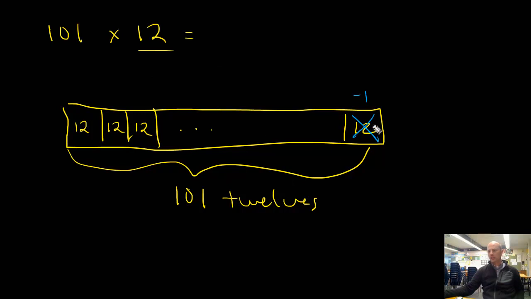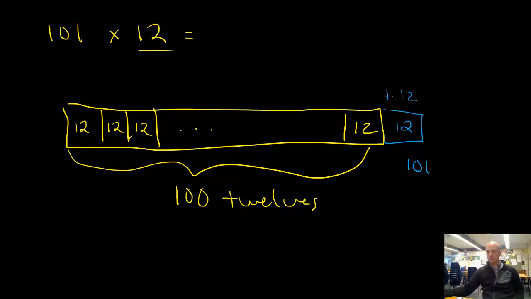So, sorry, actually, that's not what I'm going to do at all. I'm rethinking that. What I really want is 100 12s, and then I'm going to go ahead and add on a 12 to give myself 101 12s.